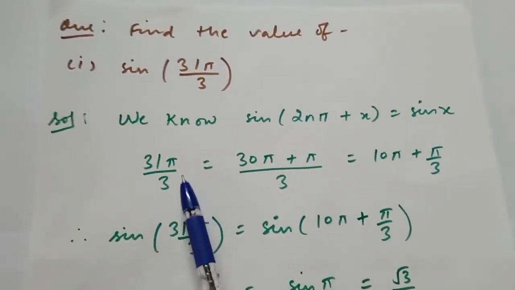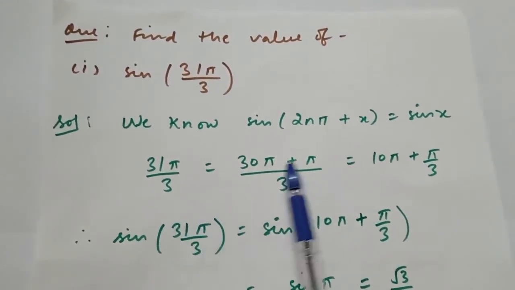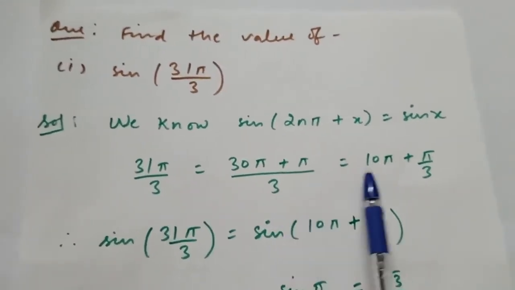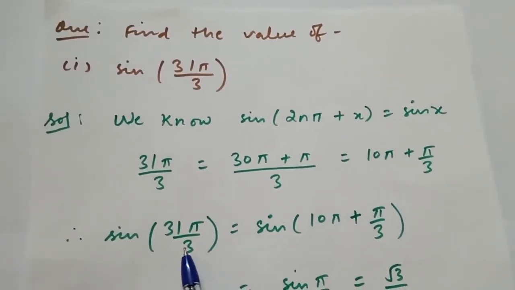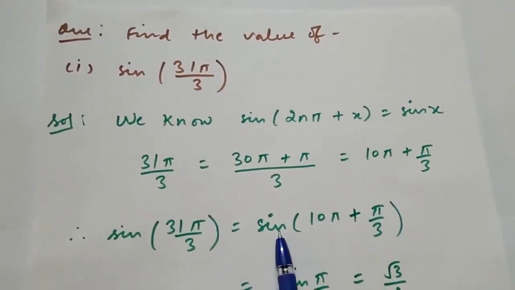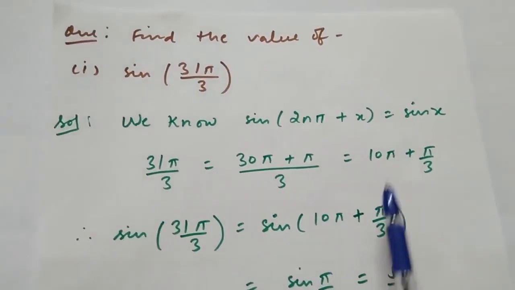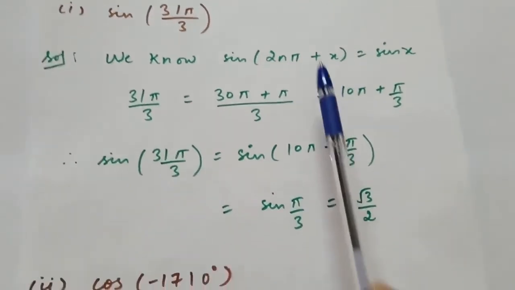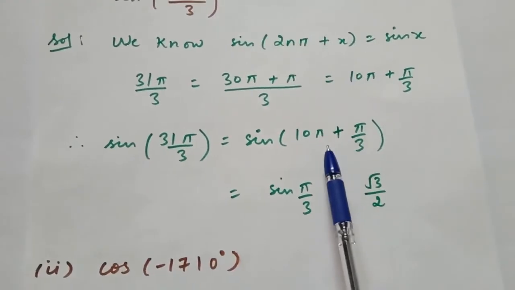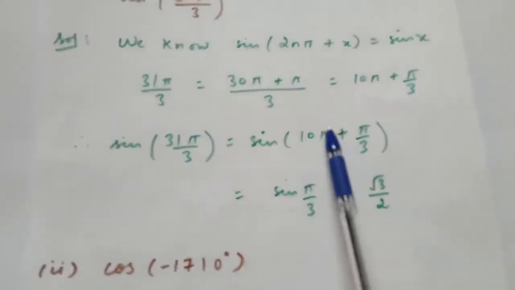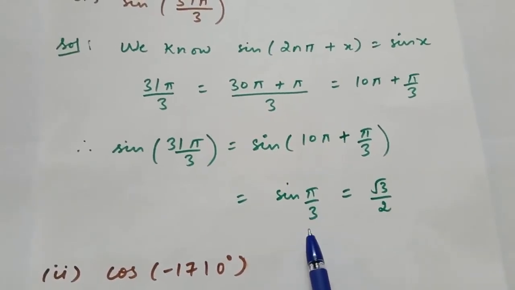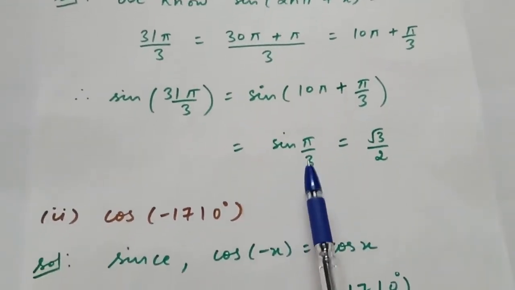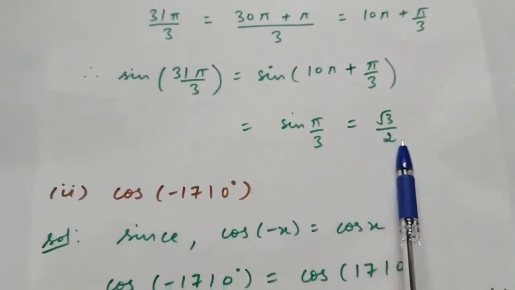So writing 31 pi by 3 as 30 pi plus pi by 3, which is 10 pi plus pi by 3, sine 31 pi by 3 will be sine of 10 pi plus pi by 3. Because this is a multiple of 2 pi only, this will be equal to sine pi by 3, and sine pi by 3 is sine 60, which is root 3 by 2.